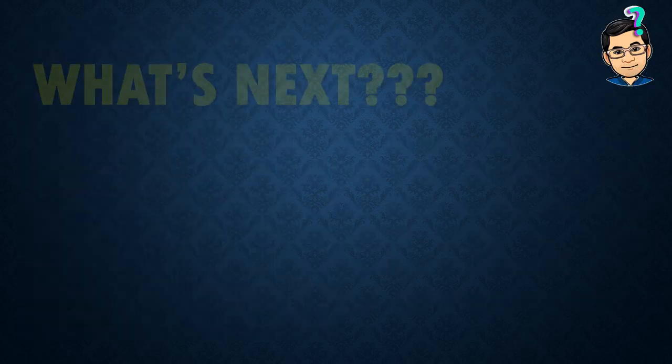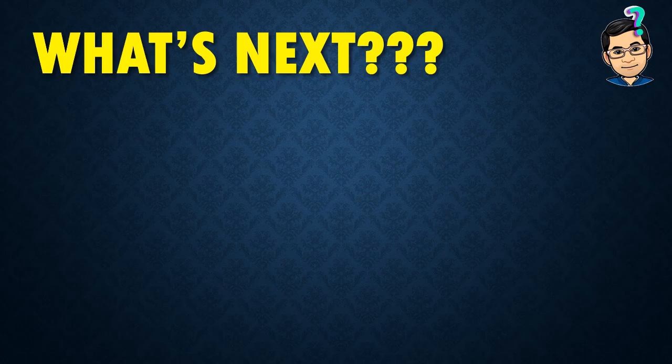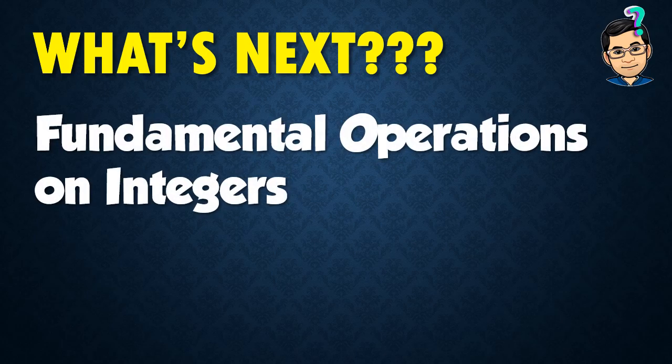Okay, after nating i-discuss ang sets and then yung operations, Venn diagrams, ang susunod nating lesson, fundamental operations on integers. So dito papasok yung mga, kung narinig nyo na yung positive, negative. And then ang fundamental operations na sinasabi ko dito, yung 4, syempre, we have addition, subtraction, multiplication, and division.